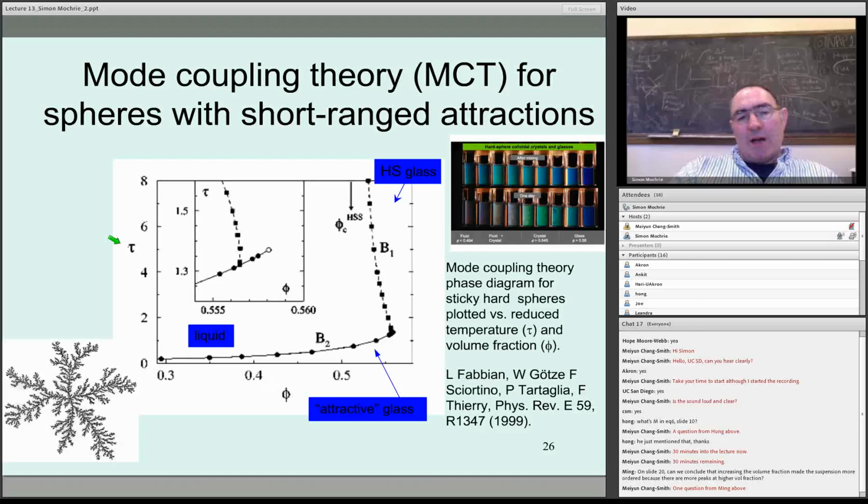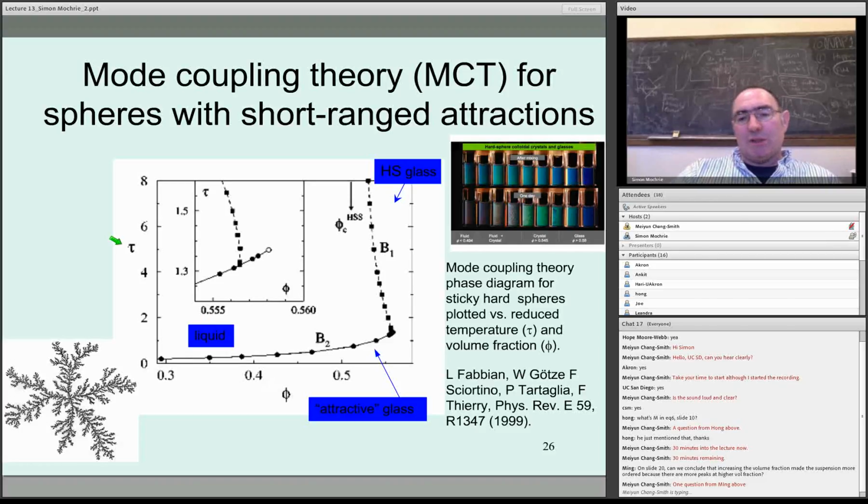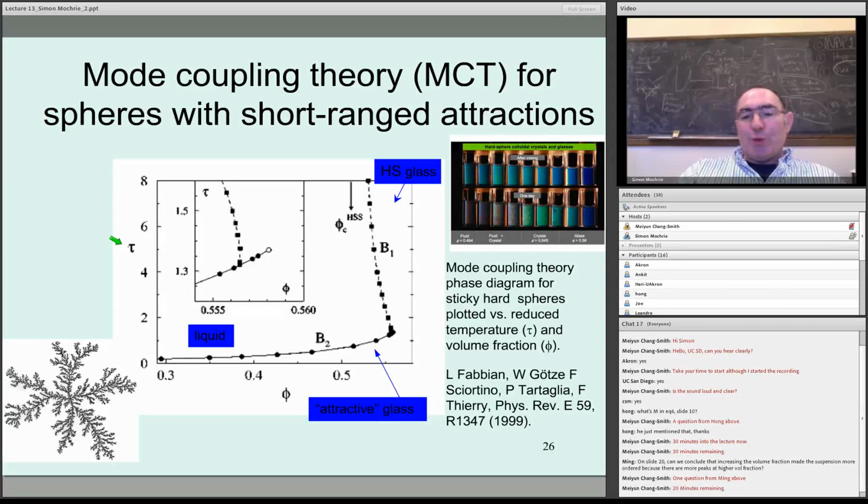And the one up here along the vertical direction is the reduced temperature, that is to say the temperature divided by the interaction strength. It's an attractive interaction. So when the temperature is very low down here, there's effectively a very strong attraction between particles.